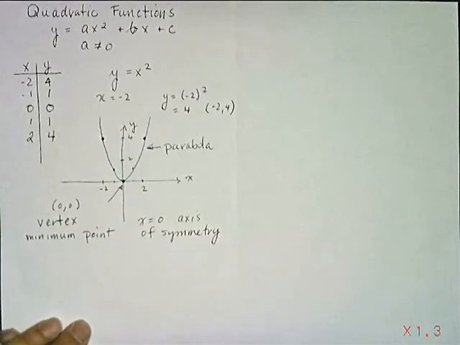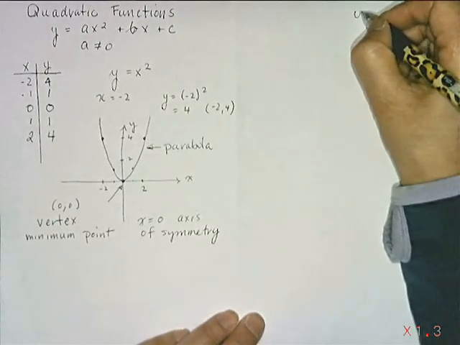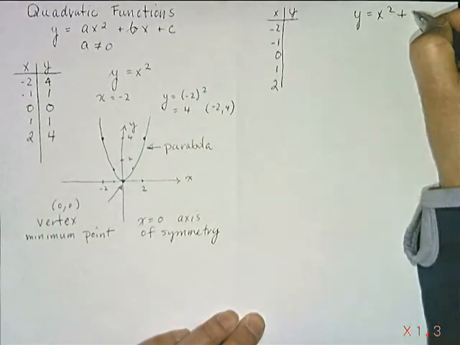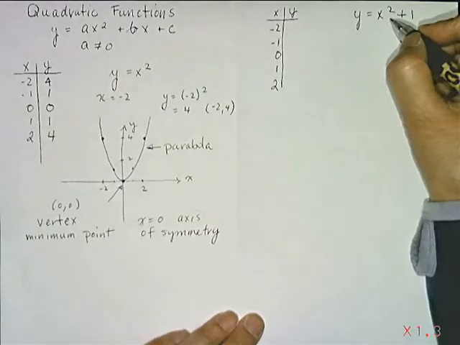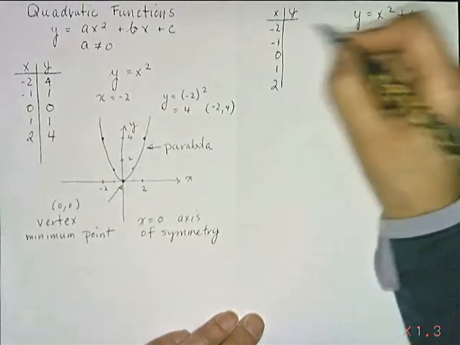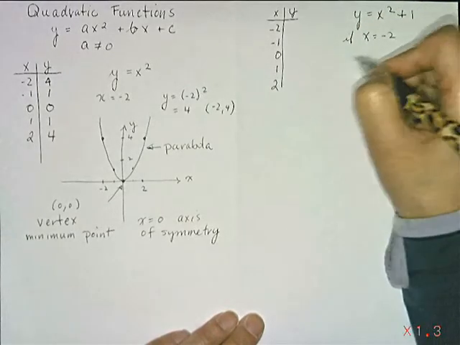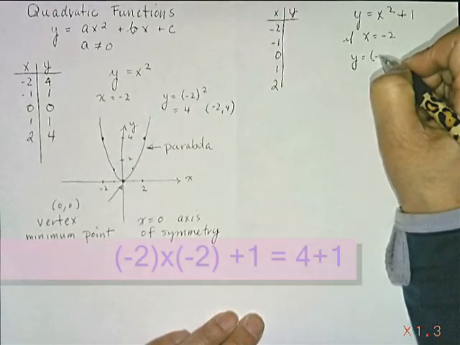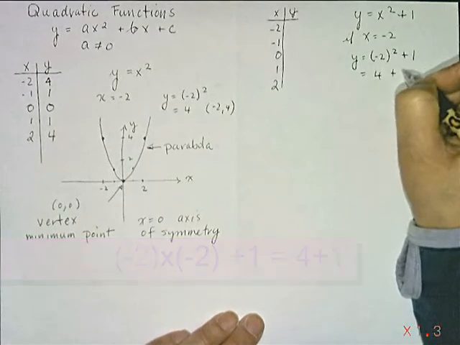Now, what would happen if we add different equations? Let's try graphing y equals x squared plus 1. We're going to add 1 to this. So remember your order of operations. You're going to square the x, then add 1. So if x is -2, y will be -2 squared plus 1, 4 plus 1, or 5.